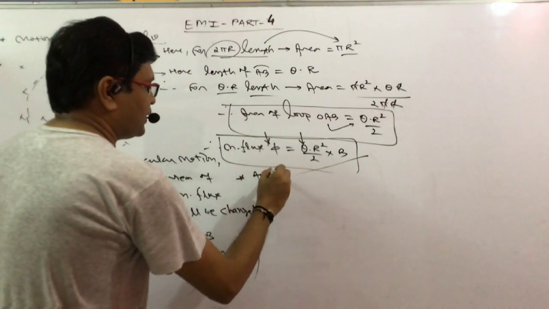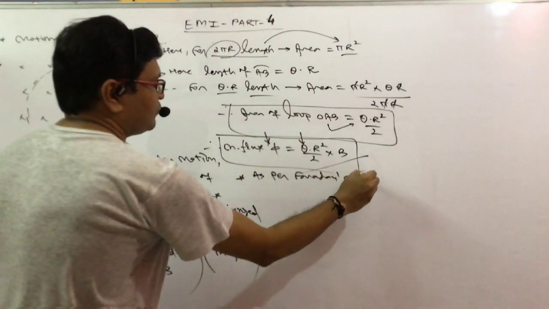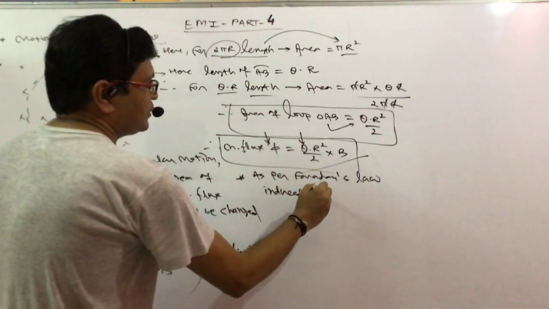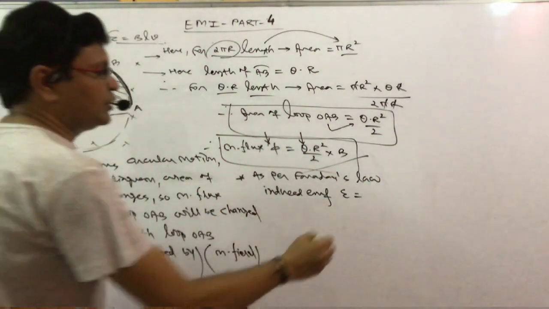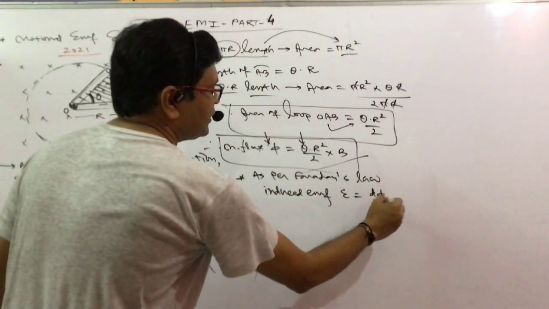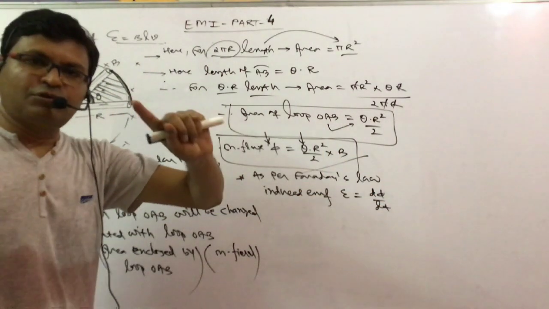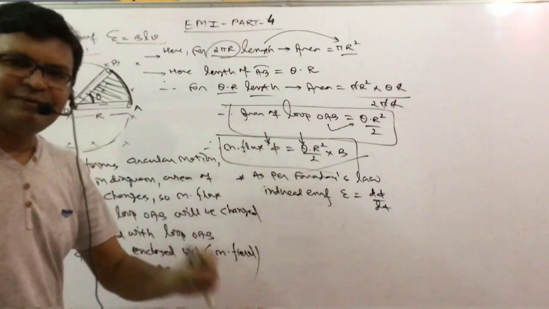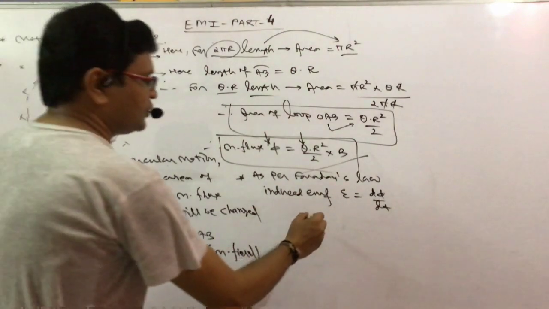So as per Faraday's law, induced EMF epsilon is equal to, you know that very well, d phi by dt. Here we have not considered the minus sign. You know that the minus sign is present in Faraday's law formula. This minus sign represents Lenz's law, simply representing opposite direction.